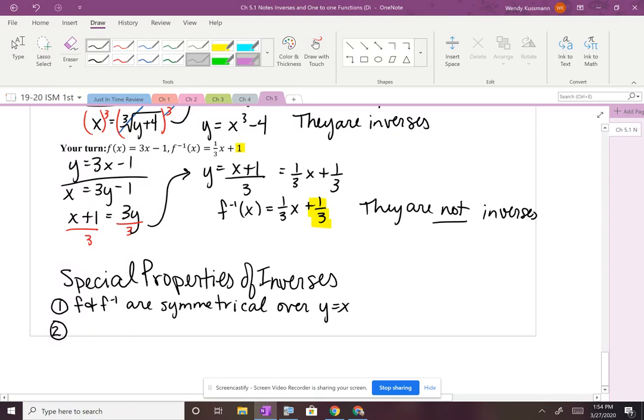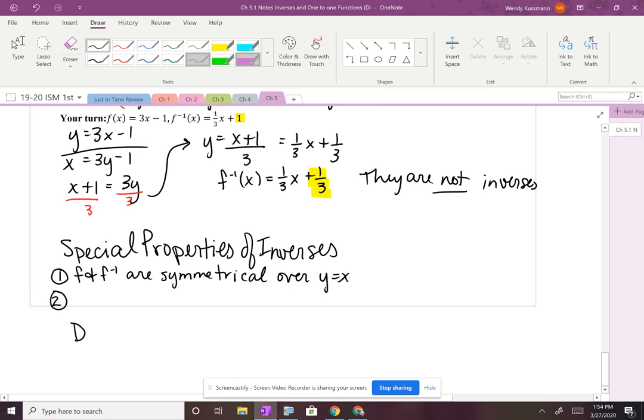That also tells me something about the domain and range of the inverses. The domain and range are flipped. What's the domain in the original function will be the range in the inverse, because your x's and y's flip. So an important factor is that your domain and range are flipped on inverses.